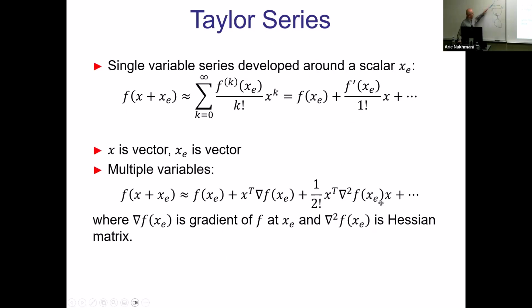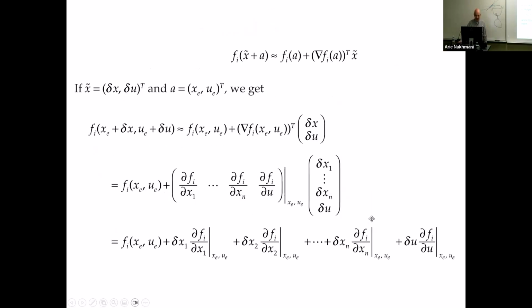So I'm writing the equation of that line, just an n-dimensional plane instead of a line. This is how it will look. I have that thing at the equilibrium point, plus the gradient times that vector of deltas, which is that x thing, right? I'm just copying that equation here with that definition of the vectors.